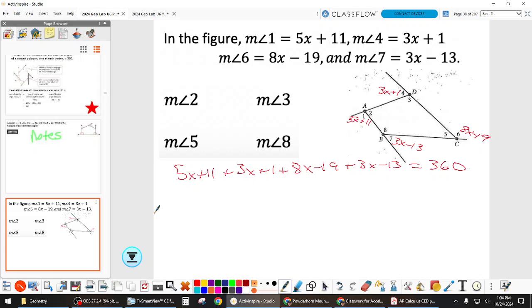Notice that the question asks us for the interior angles. How are you going to get those? Alright, so x is 20. How are we going to get the interior angles knowing that x is 20?